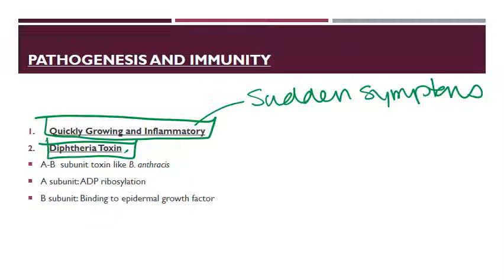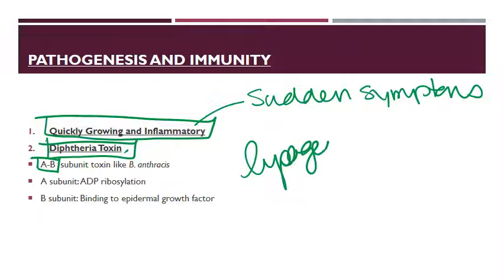As I mentioned before, this is a non-invasive organism, and that's true, but the toxin will go other places and cause damage. The toxin is not unlike anthrax, where it's an A and B subunit toxin. We see that a lot with toxins. The diphtheria toxin is an exotoxin that got introduced into strains of C. diphtheriae by a lysogenic bacteriophage.